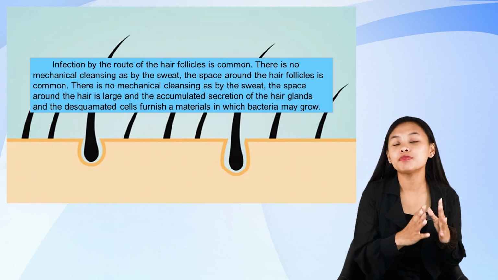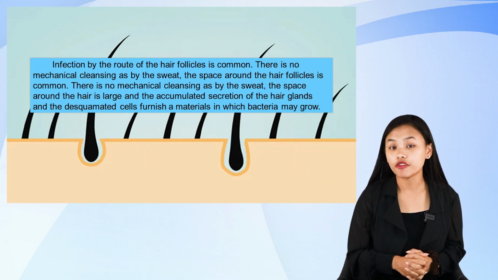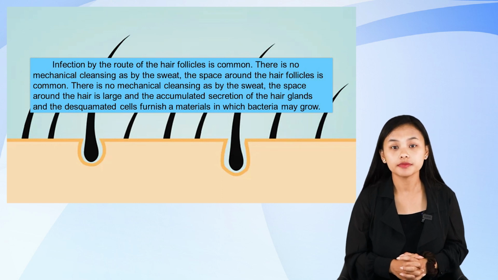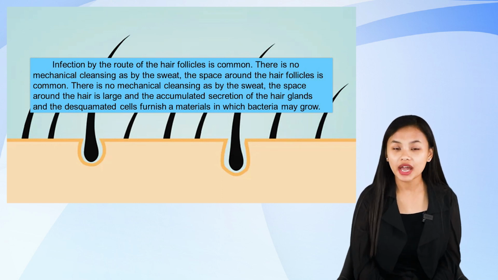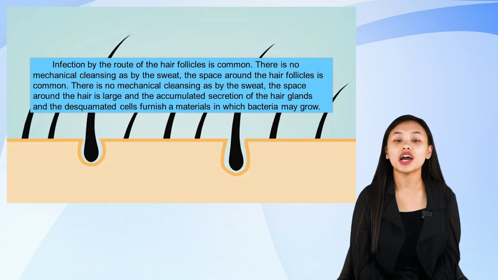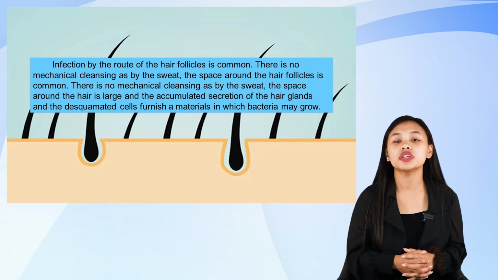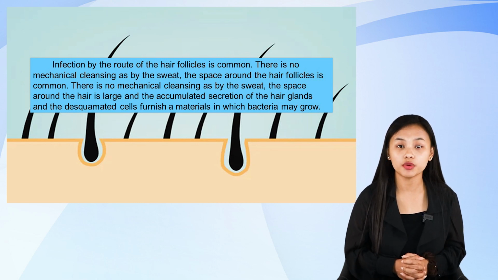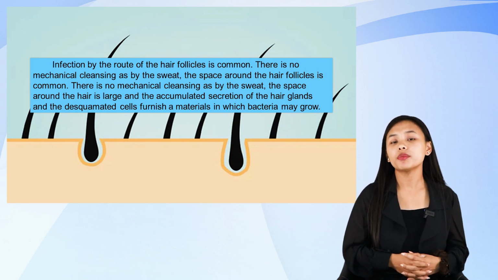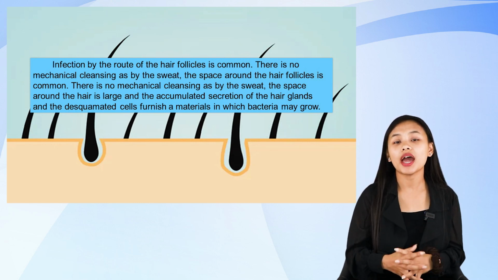However, infection by the roots of hair follicles is very common because here there is no mechanical cleansing by sweat. That is why the spaces around the hair follicles are the most common site.